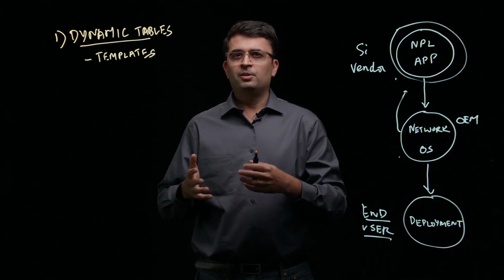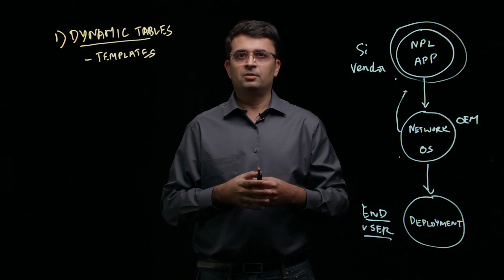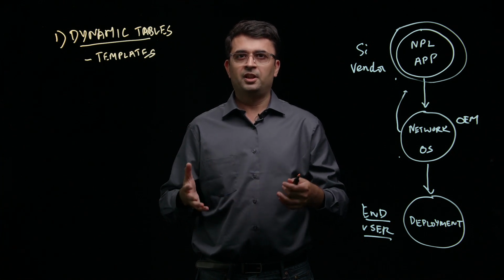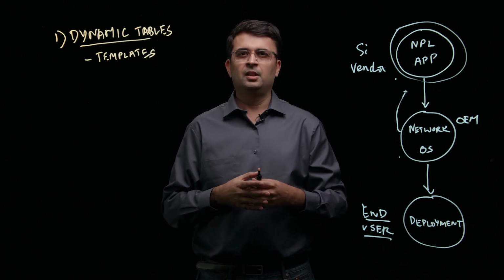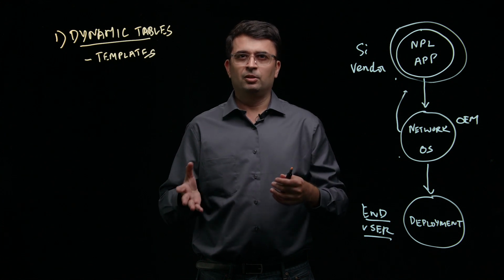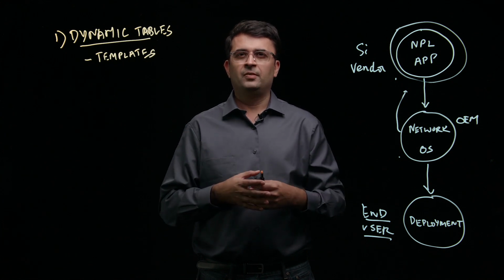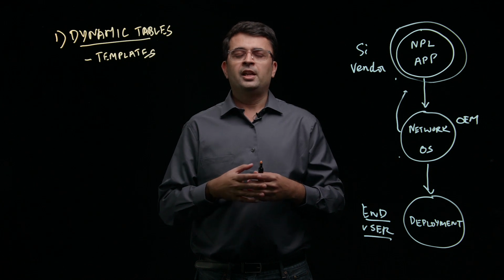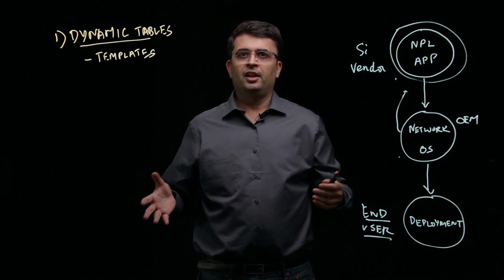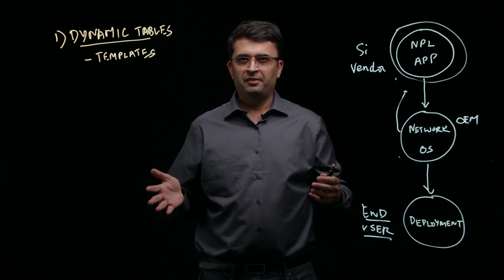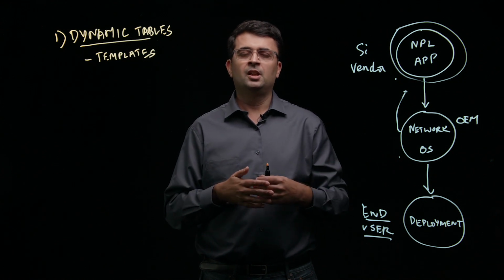So the best way to understand this concept better is to look at a real-world use case for dynamic tables, which is access control lists, or ACLs. As we know, ACLs tend to be an area where there is a wide diversity of requirements.